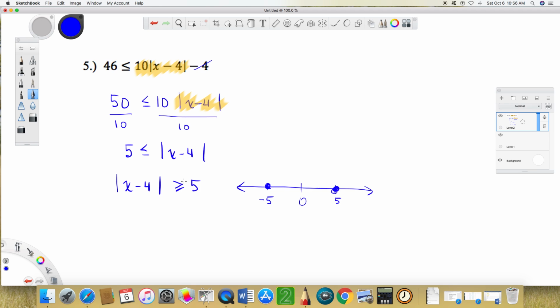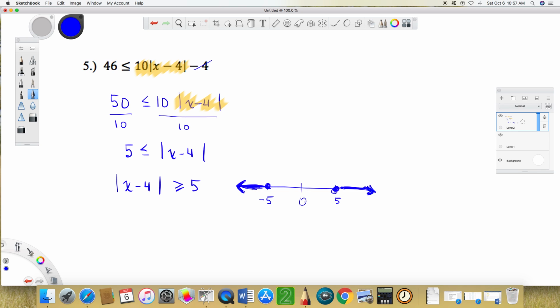But we could be more than 5 units away, like 6, 7, and things like that, which are shaded, what I call out in the tails of the number line. You'll hear me use that phrase a lot.